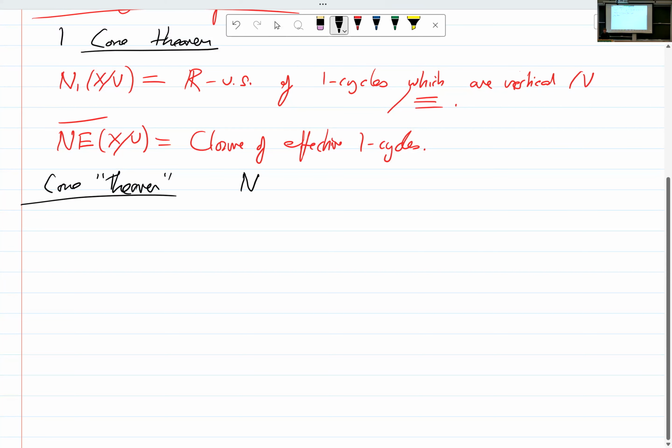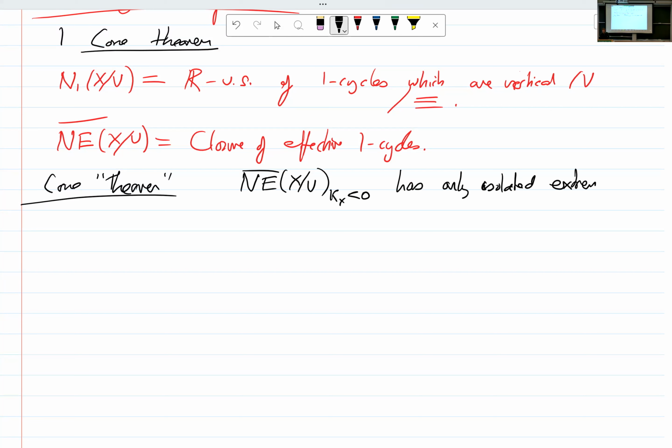It essentially says the part of this effective cone on which Kx is negative has only isolated extremal rays, and each of these contains the class of some 1-cycle. Each contains a rational curve. In particular, it contains a curve.